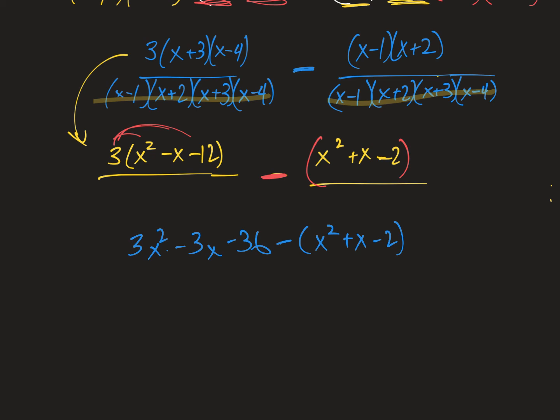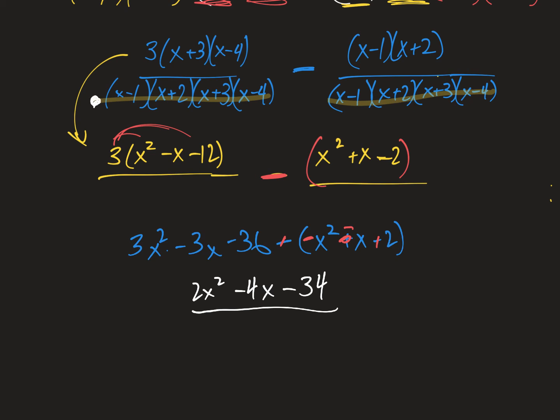And that negative sign can be distributed into this portion, which means now we get negative x squared, negative x, and plus 2. Now, let's combine our like terms and see what we can get. So we've got 2x squared minus 4x minus 34 over, not forgetting that this was always a fraction, right?